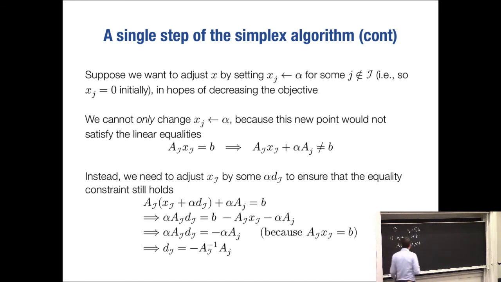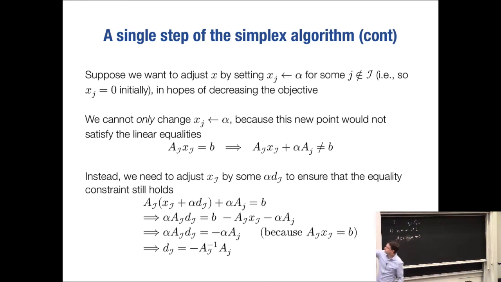In other words, I have to find some d subscript I, such that I'm going to adjust the other variables by d subscript I. So I'm also going to adjust x_I to be equal to x_I plus alpha d_I. And I'm going to require that when I do that these still satisfy the equality constraints.